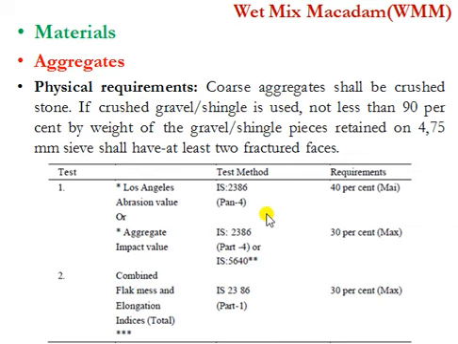So the aggregates with impact value more than 30% are not suitable for use in the construction of wet mix macadam. And secondly, coming to the shape of aggregate. If the shape of the aggregate is very flaky or very elongated, then we can't use the aggregates in the construction.